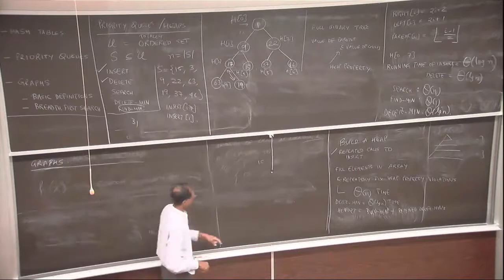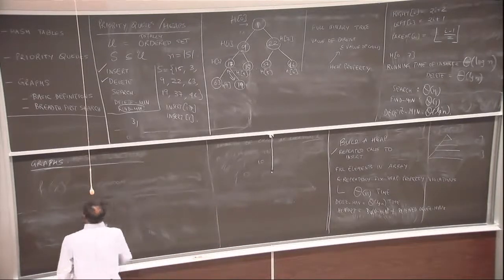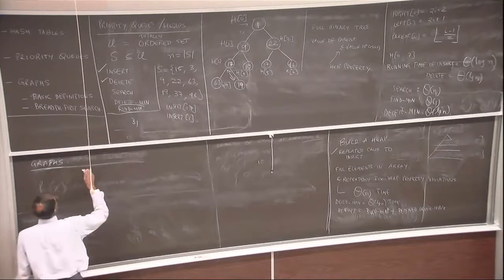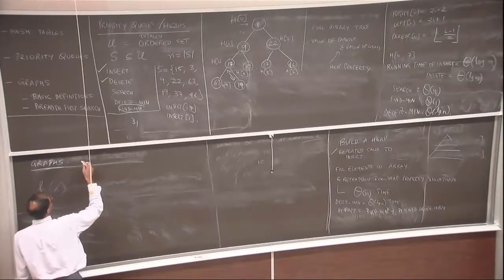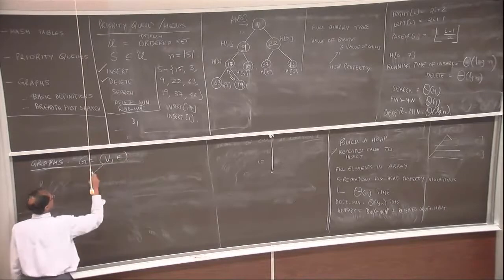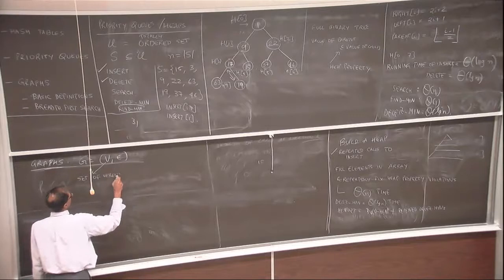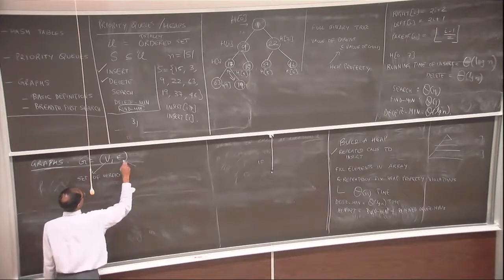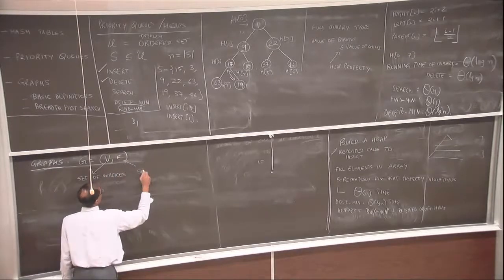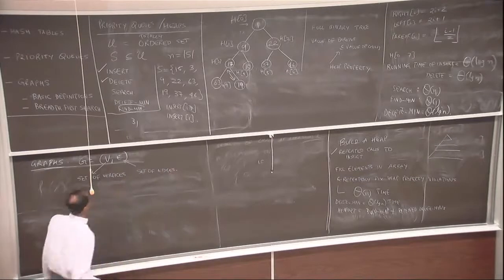Okay, so graphs are combinatorial structures, which I have represented as G = (V, E). V is a set of vertices, E is a set of edges.